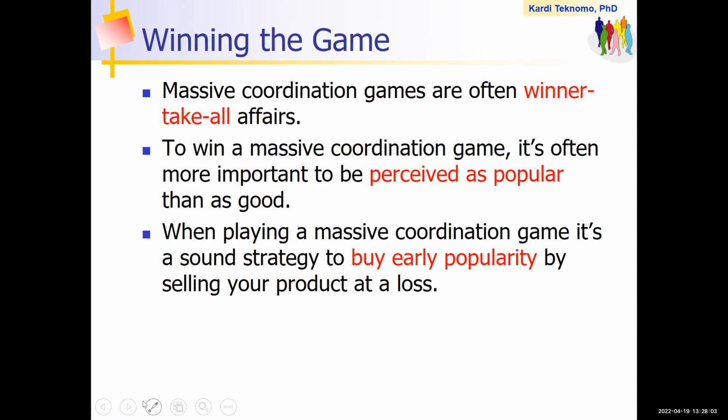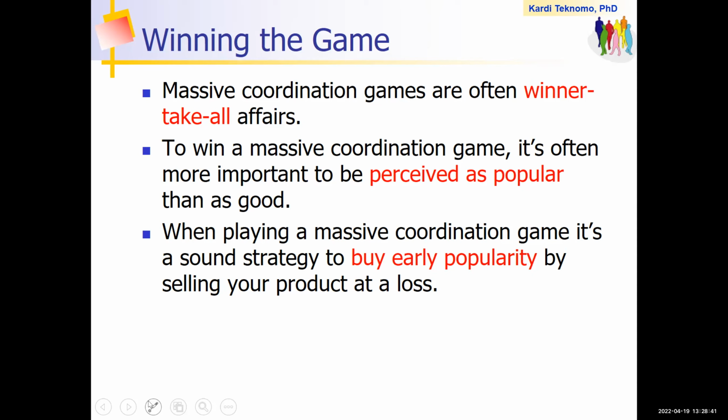To win this massive coordination game, which of course is winner take all, it is very important to be perceived as popular. It is like using faith: you keep telling your faith, and eventually your faith becomes reality.